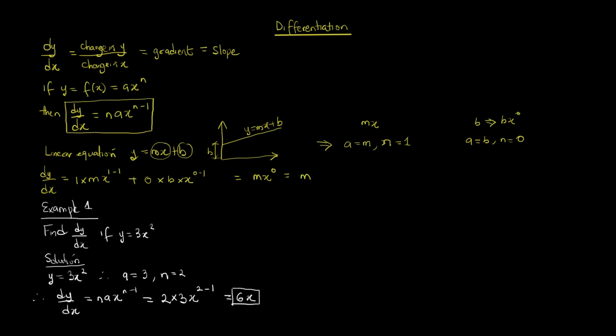So I hope this is clear, but if it's not, let's look at a second example now. Let's move on and see a second example. Okay, I'll just clear this. So let's look at example 2 now.